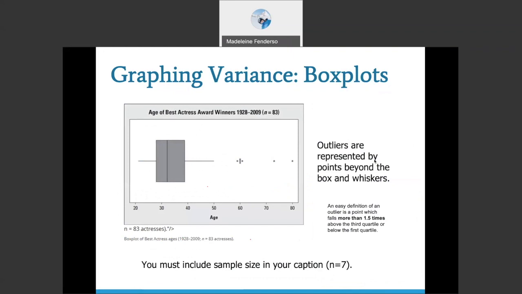So outliers, again, are represented by points beyond the box and whiskers. An outlier is also defined as a value that falls more than 1.5 times above the third quartile or below the first quartile. And always make sure, again, that when you have a caption on a graph, you need to include your sample size. So n equals, and then whatever your sample size was.